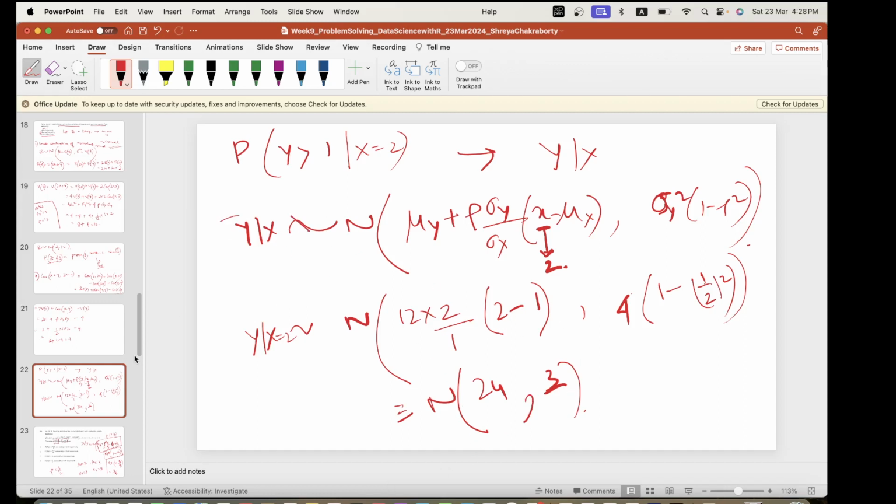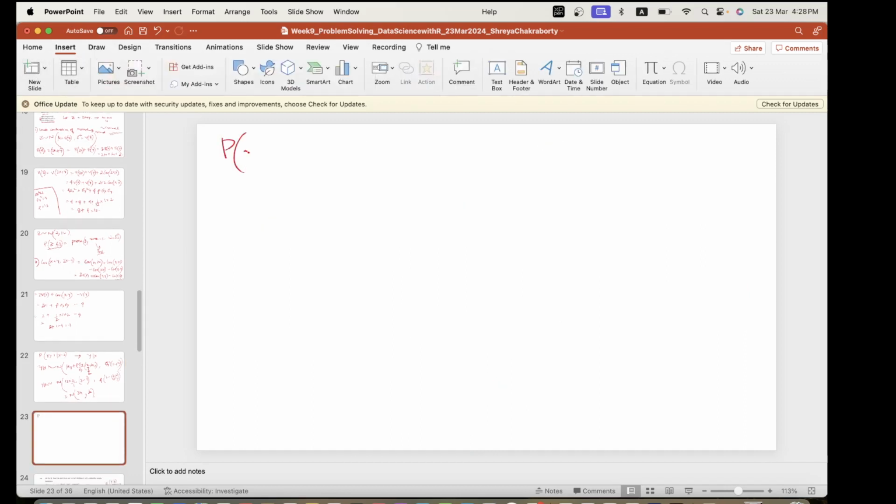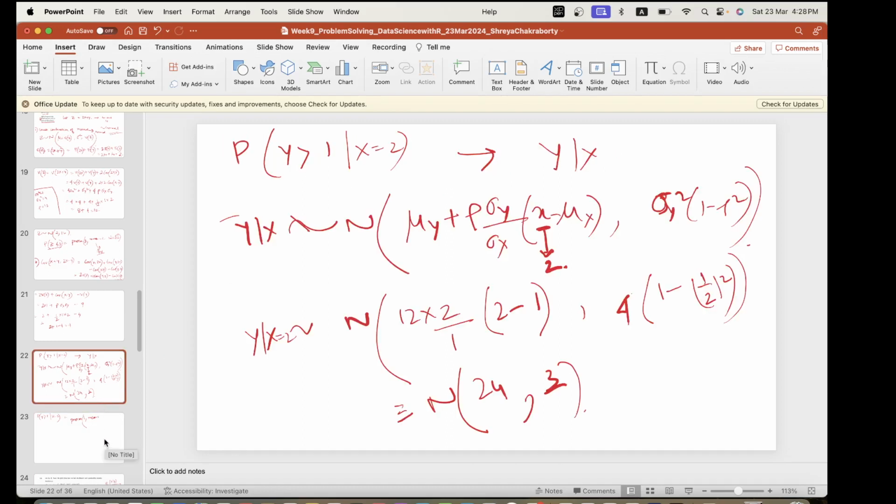Then the required probability, y greater than 1 given x equal to 2. In order to get that, we have to do a p norm 1. Mean would be whatever is the mean. Here also it will change, since rho is half.